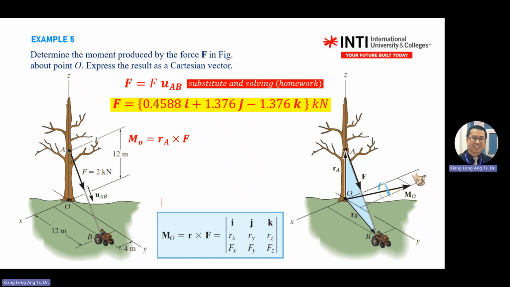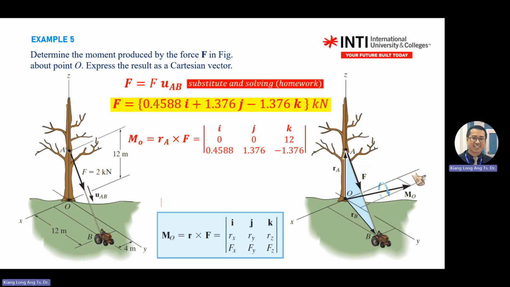Okay, once you have the force, you have the R already. It depends. In this case, we use R to force. So you substitute the value there. In this case, we use RA. RA goes up, positive K, 12k.